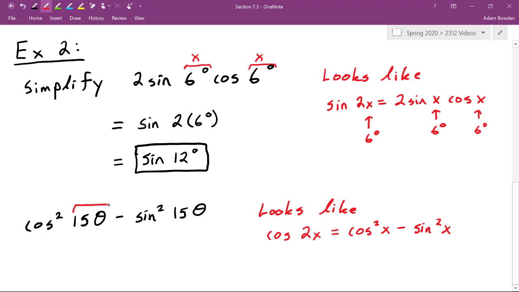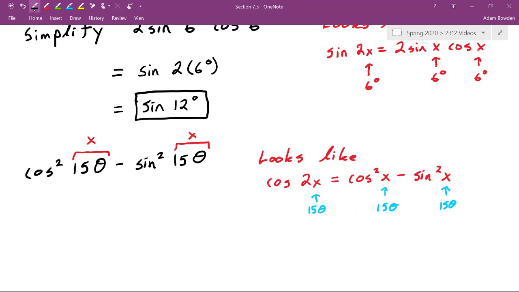So this 15 theta would be taking the place of x in our double angle formula. So if we want to rewrite this, this whole thing would be equal to the cosine of 2 times 15 theta, which would be the same as cosine of 30 theta.